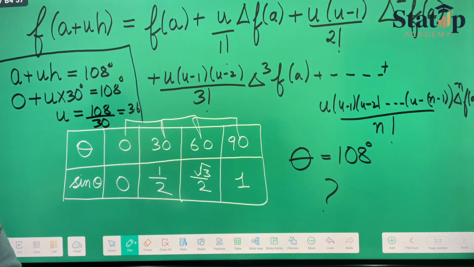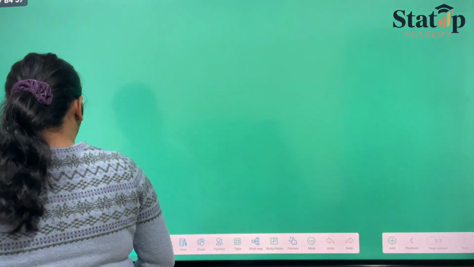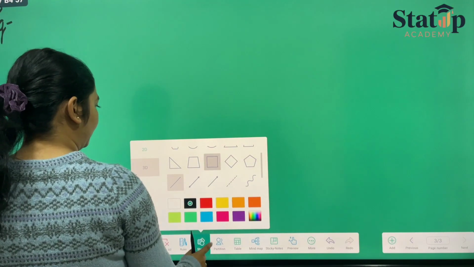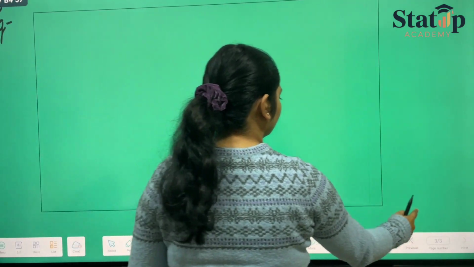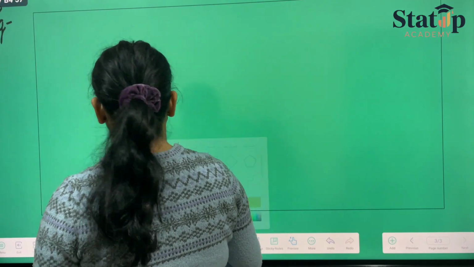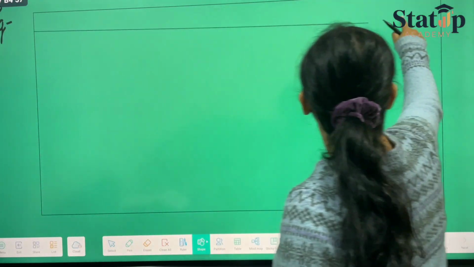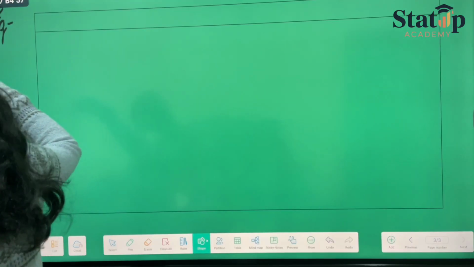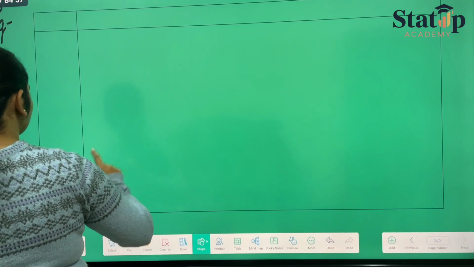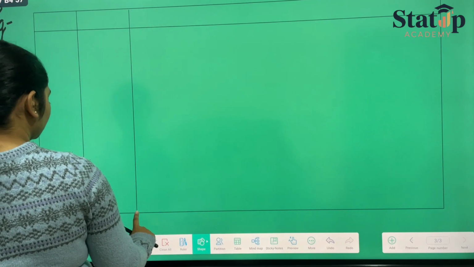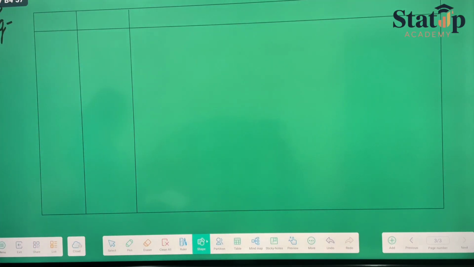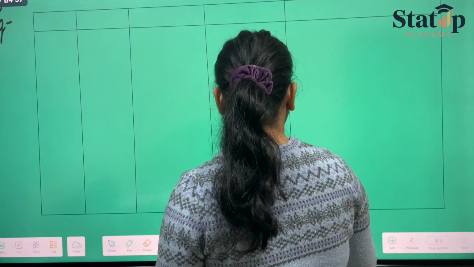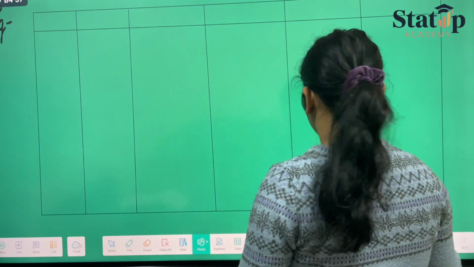Let us take an example to understand this type of question in detail. Suppose we have been given a table.